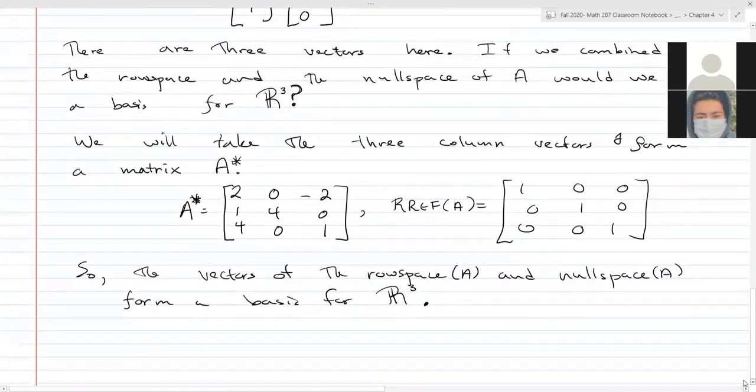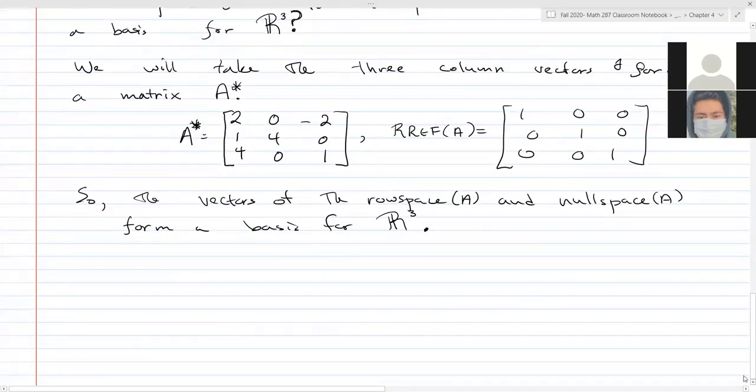Professor, I had a question real quick. When you're writing down the row space, the column space, or the null space, do you write it down from the matrix A or the REF of A? For the row space, you're going to use the REF of A, the row reduction.